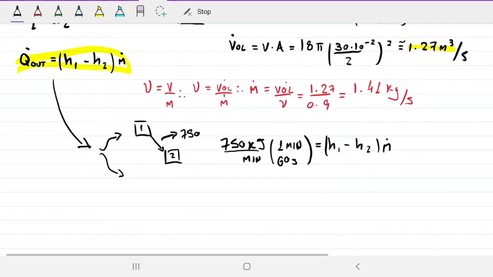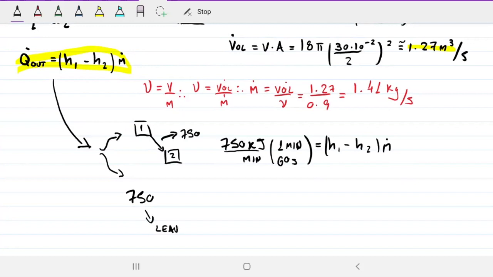The other way, if you like moving the other way, you can do this: since this energy is 750, since 750 is leaving, it's going to be negative. So therefore, it's going to be negative 750 with a conversion to seconds. It has to be equal to the end state minus the initial state, so it's going to be H3 minus H1.